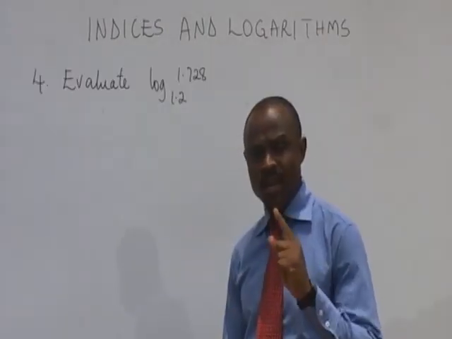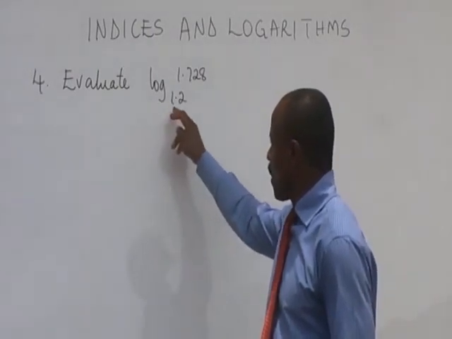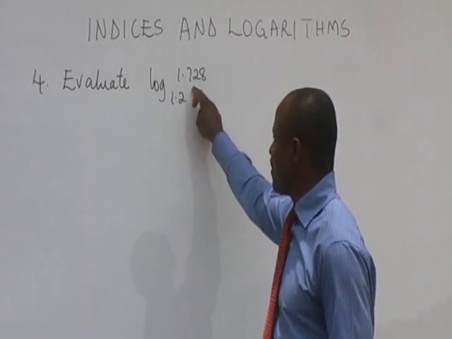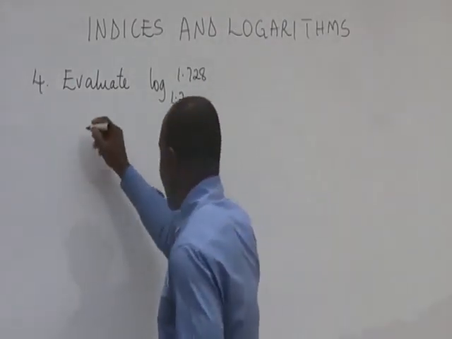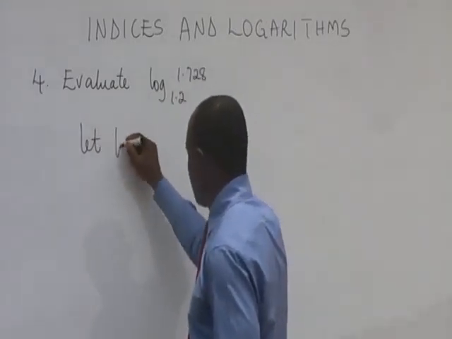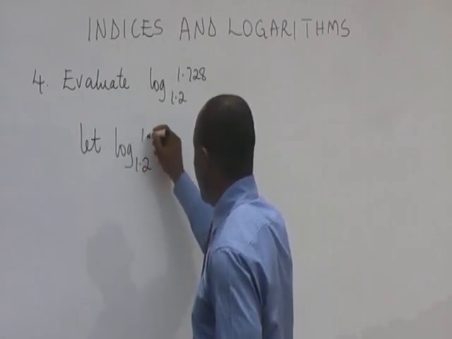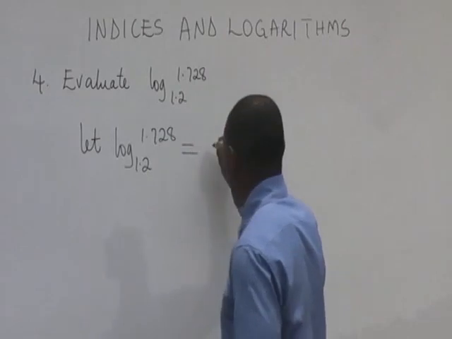The fourth illustrative question says that we should evaluate log to base 1.2 of 1.728. Start by saying let that expression, whatever it is, here we have log to base 1.2 of 1.728, be represented by any letter.